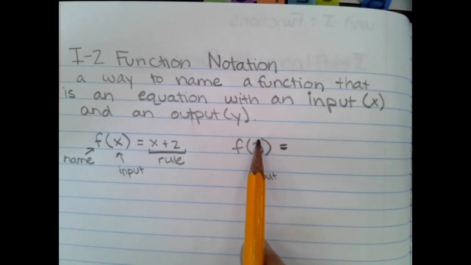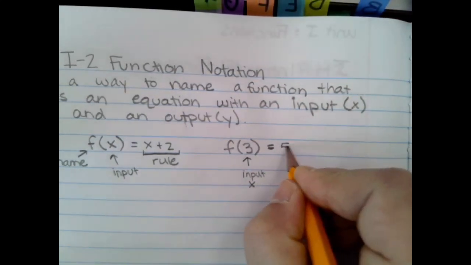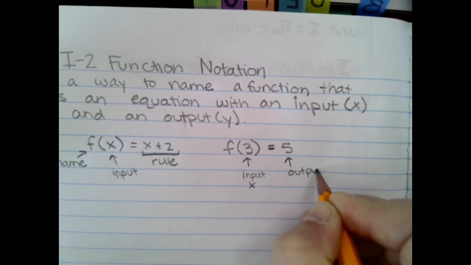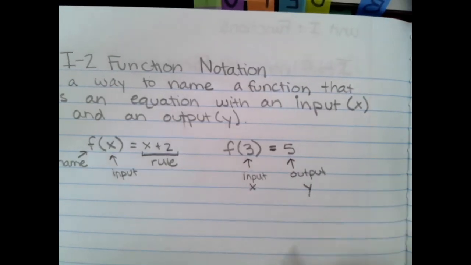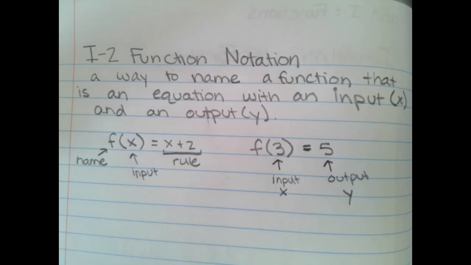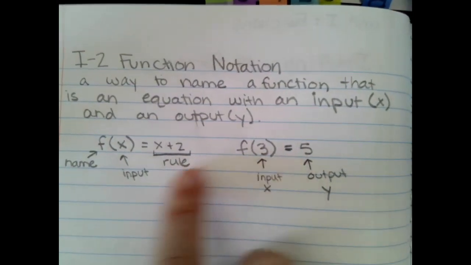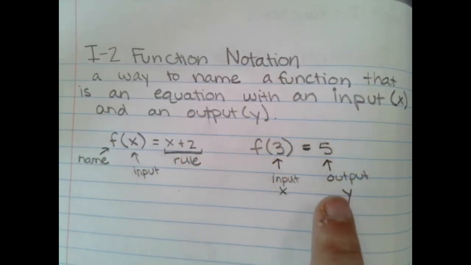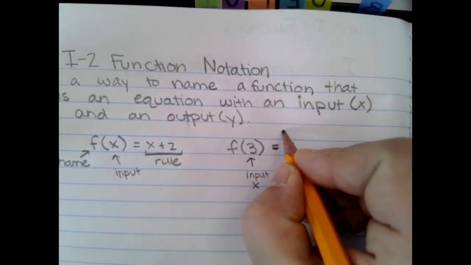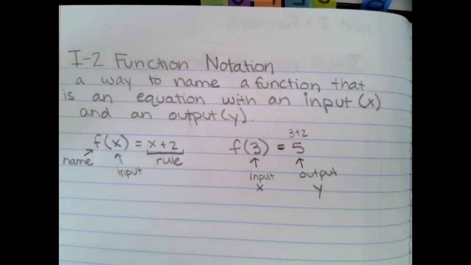I would do 3 plus 2, which equals 5, which then tells me my output. So it's kind of a different way to write our ordered pairs. Instead of writing x, y as an ordered pair with those parentheses and comma, it tells us a little bit more specifically. It's telling us that we put it into function f. This is that function f that we put it into. We get out 5. If you need to write that 3 plus 2 above it, just to remind yourself how we got 5, you can.